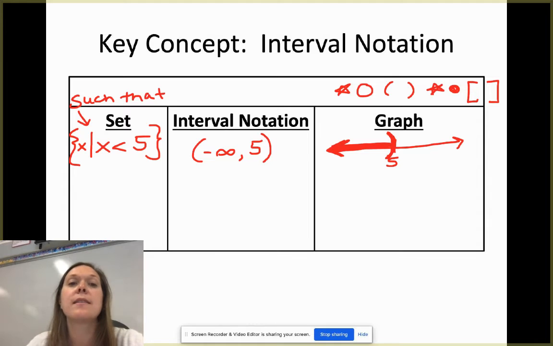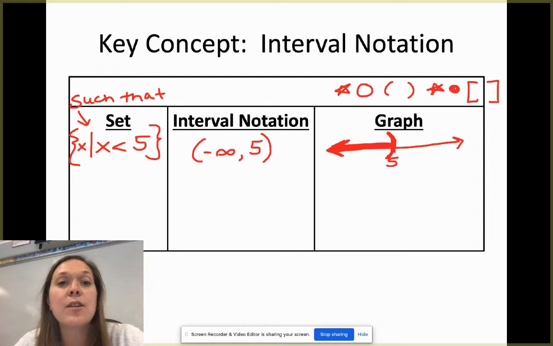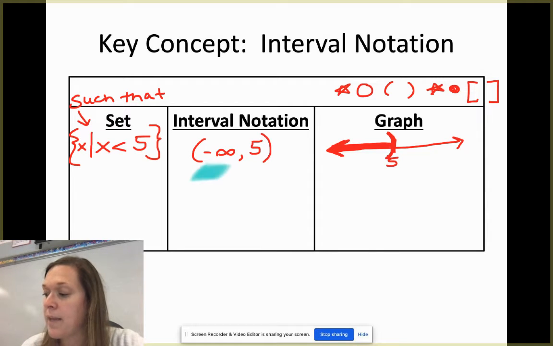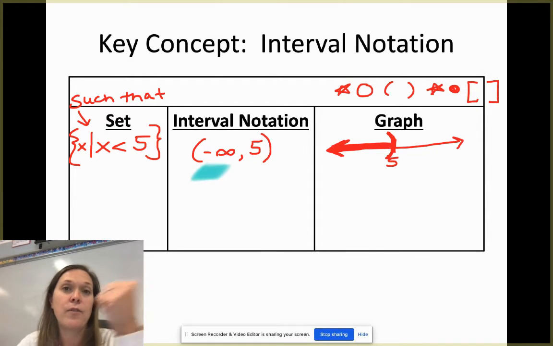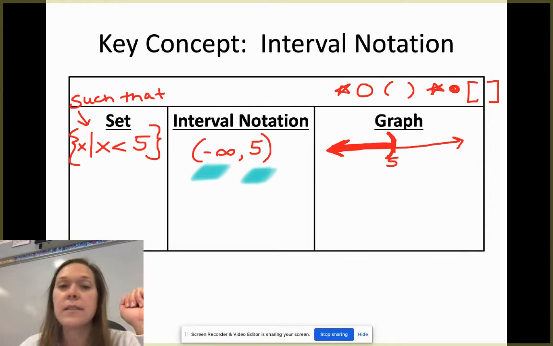I'm going to put a parenthesis there because it doesn't include 5. It's all values less than 5. So in my interval notation, my left bound means that my furthest left is negative infinity, which means it's going on and on forever. And my upper bound is 5, not including it because it has the parentheses.